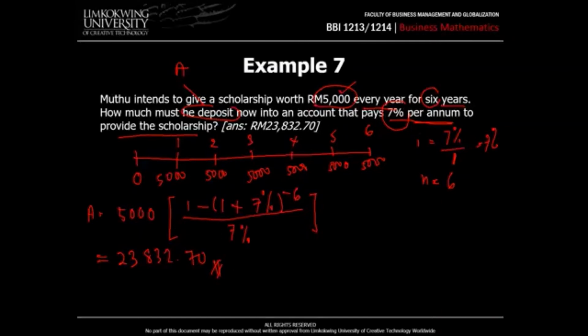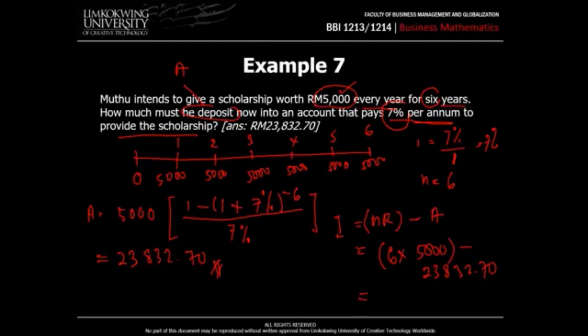Oh, this one the question did not want to find the interest. So if you want to find the interest, what is the formula to get the interest? N times R minus A. So N is 6, multiply with R which is 5,000, minus this amount, 23,832.70.